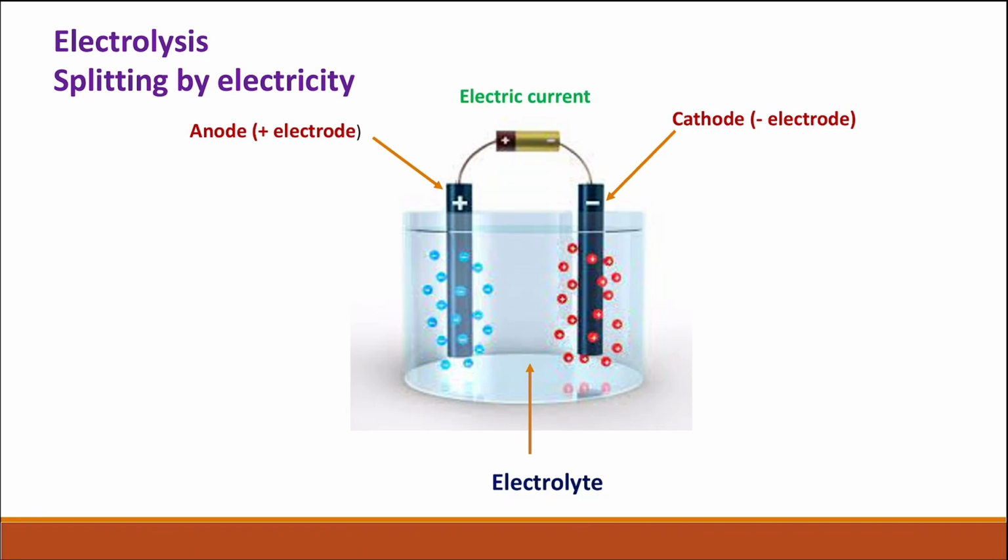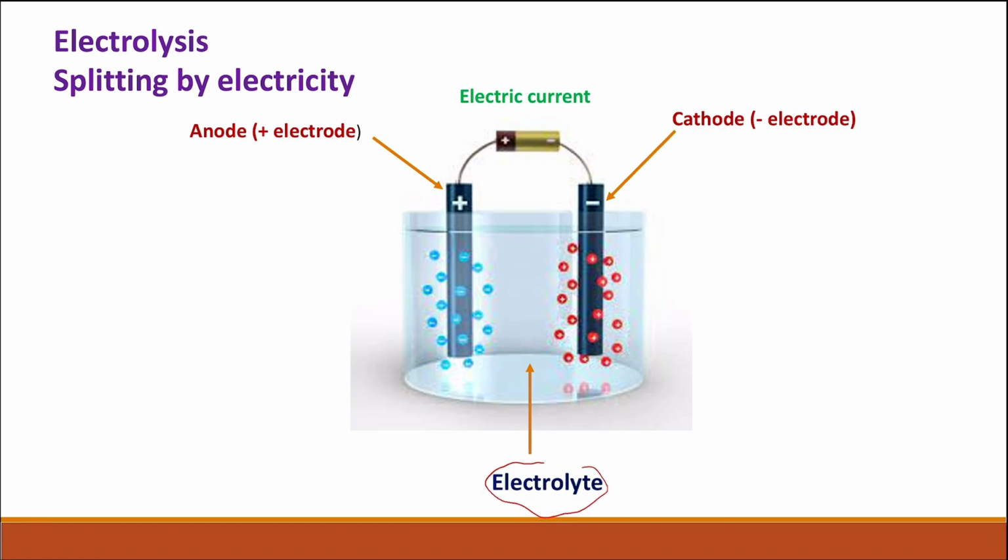And then we have an electric current which is passed through the electrolyte. The molten or dissolved ionic compounds will have some ionic species, and these ionic species can move and conduct the electricity and allow the flow of the electric current.